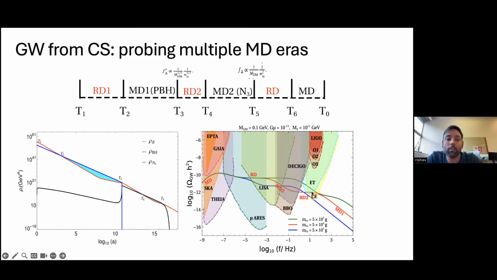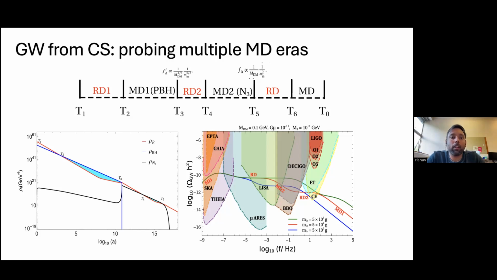Now, again, when the universe was in a matter dominated era as a result of PBH domination, we see the fall in the spectrum. So this is a typical signature that one can think of, or what we'll get if there was a multiple matter dominated era in the early universe. So this is how the spectrum of the gravitational wave will look.